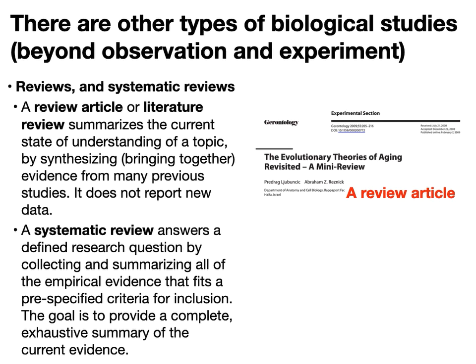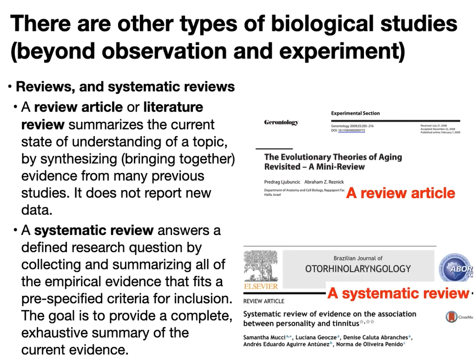So it's very similar to a review article, but instead of being more open to the author's interpretation, a systematic review is designed to be systematic and include everything that might apply to that topic. These are very commonly used in medicine, but they're increasingly used in other fields as well. And this is an example of a systematic review from a medical journal.